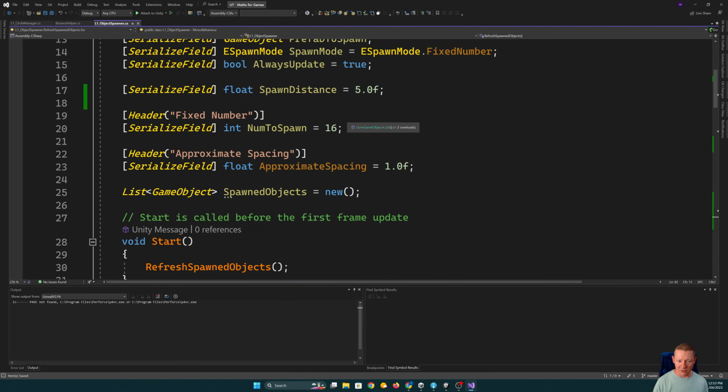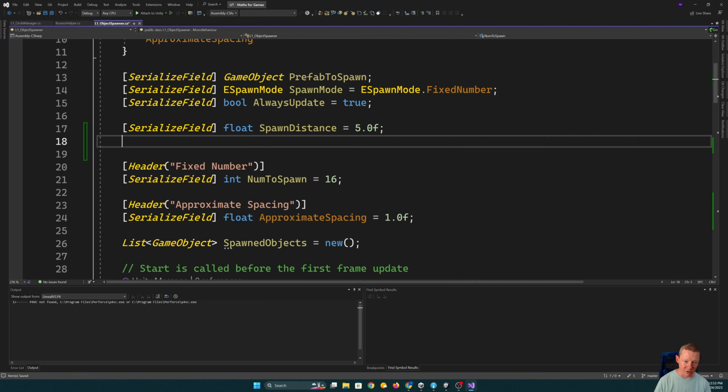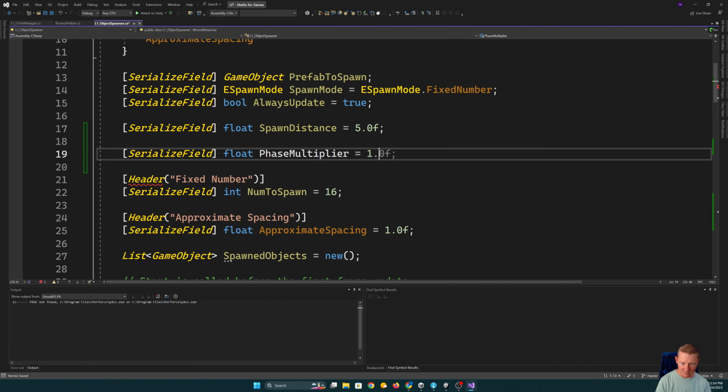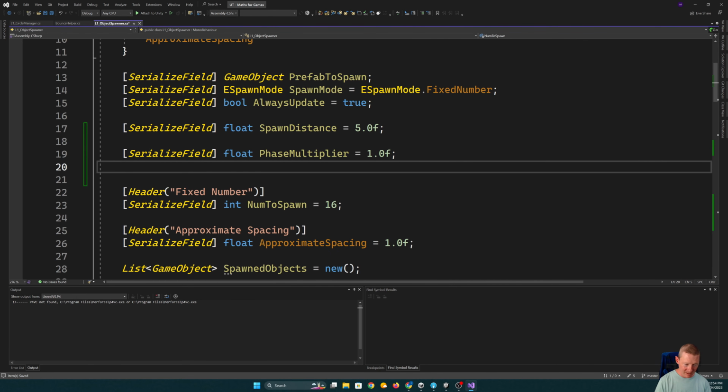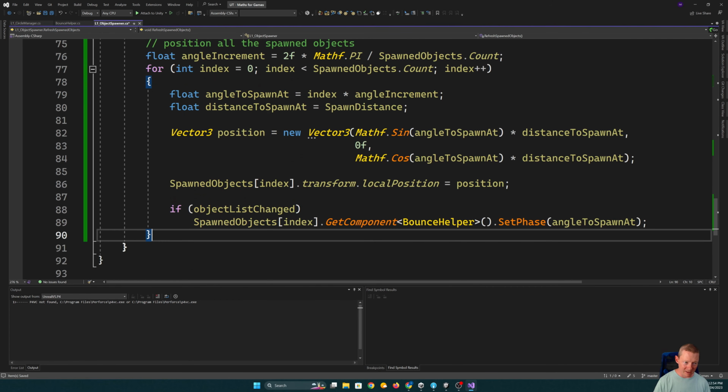So now I'm going to go a little bit further. And what I want to do is I actually am going to set up a multiplier for the phase. So we're going to have phase multiplier. And because it's something where we will be messing with it, I'm going to have a cached phase multiplier, which then what I will do is down here.